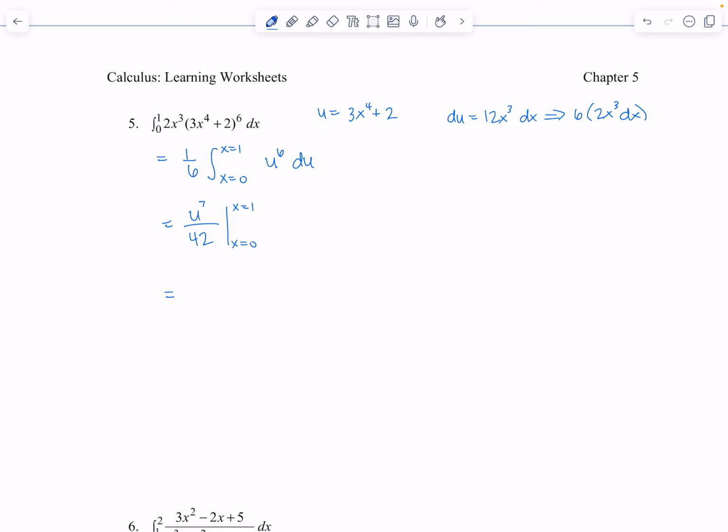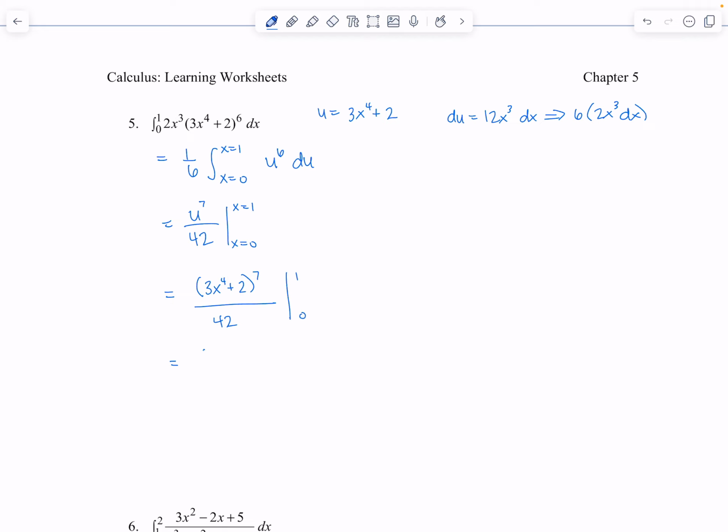We substitute back in our x values. So we have 3x to the 4th plus 2 raised to the 7th over 42. And we're evaluating from 0 to 1.